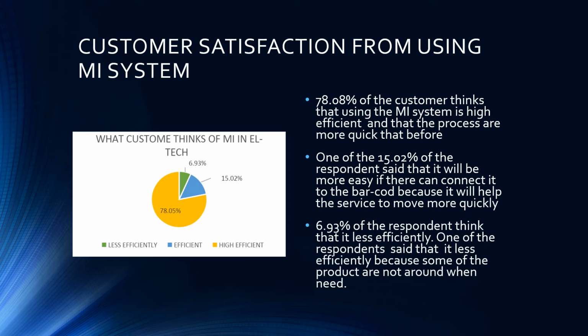Then 6.93% of the respondents think that it is less efficient. One of the respondents said that it is less efficient because some of the products are not available when needed. This is due to understocking in the company, where the customer goes to buy something, then finds that the quantity needed is not available. If the customer needs the product very quickly, he will not wait until the product is bought in stock.